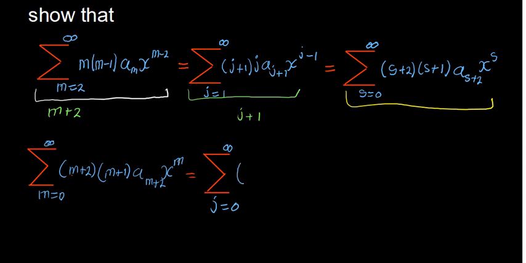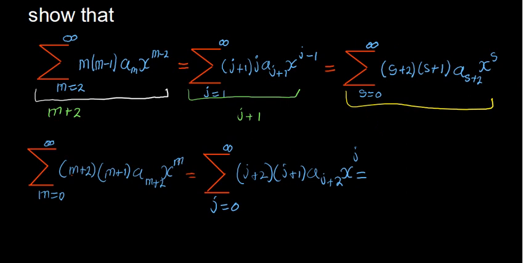So I say open bracket. Where this j here, we put j plus 1, so that would be j plus 1 plus 1, that is going to be j plus 2. Then there we have our j here, which is j plus 1. Then we have a sub j plus 1, but where this j here, you put j plus 1, you're going to have a sub j plus 2 there. So this is going to be x to the power, where of j you put j plus 1, that's just going to be j, and this is going to be equal to this here.